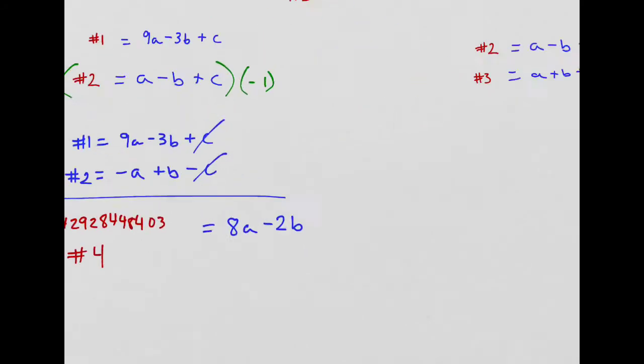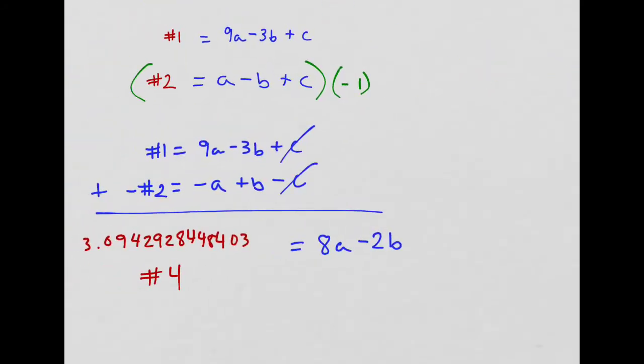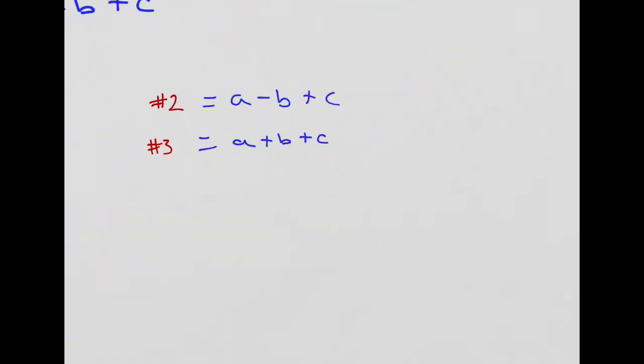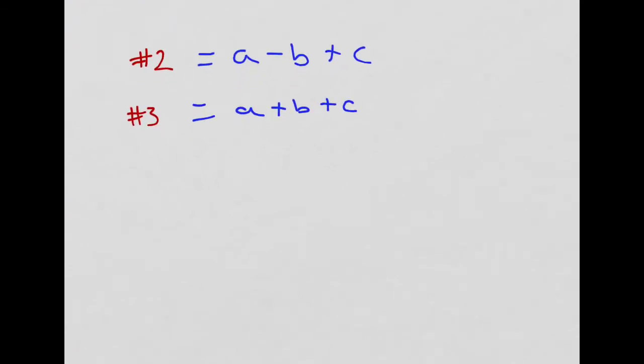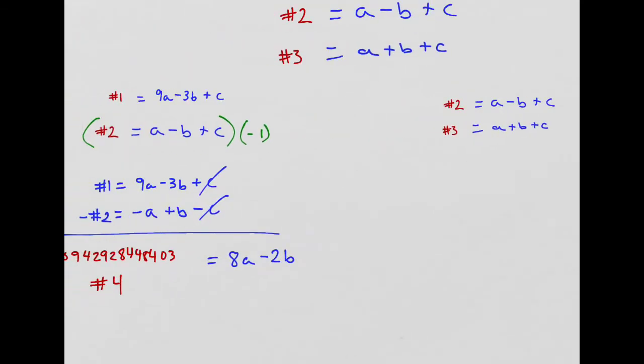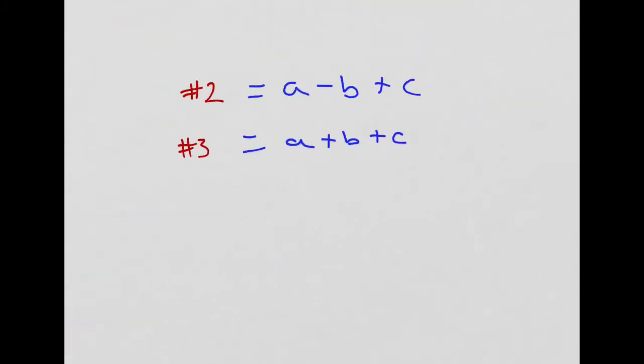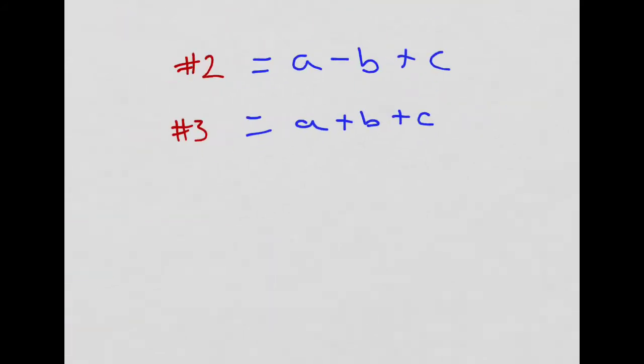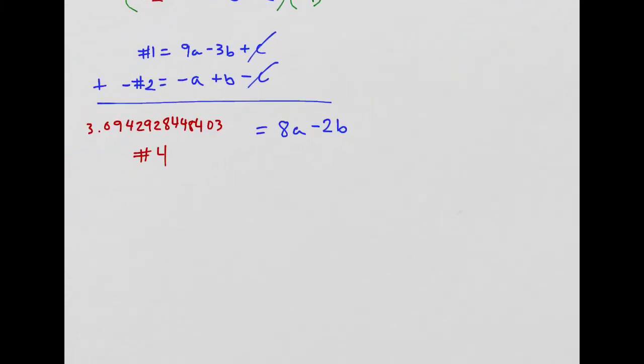Yeah, we already chose to cancel out c here, so we must cancel out c here. If I thought ahead, I probably would have canceled out the b's because that would have been easier. So this one, I'll cancel out the c's, get 2 new equations, and then I'll cancel out one of the other letters, and I'll solve. I'll leave the rest for during my prep.